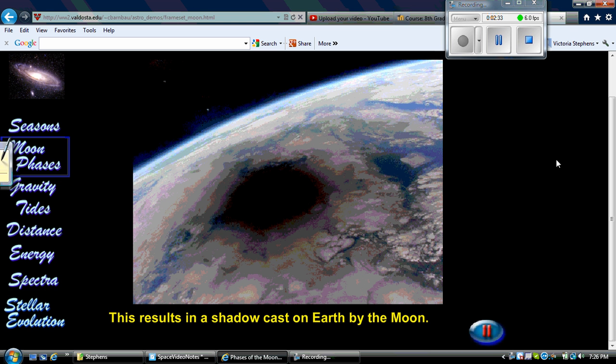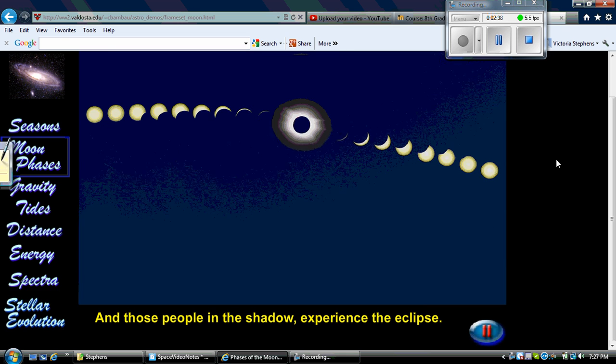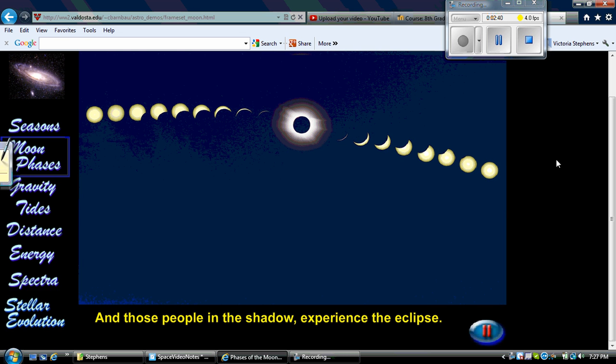That's what the shadow cast on the Earth by the moon looks like. And the people in the shadow experience the total eclipse.